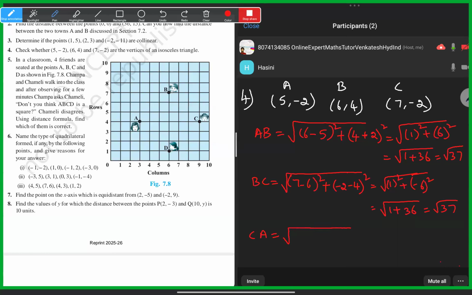Then CA finally. CA is equal to root of (7 minus 5)... we can do this minus that or that minus this, it is not a problem. If you consider CA order, x2, y2 will be (5, -2) and x1, y1 will be (7, -2). So shall I write 5 minus 7 whole square?